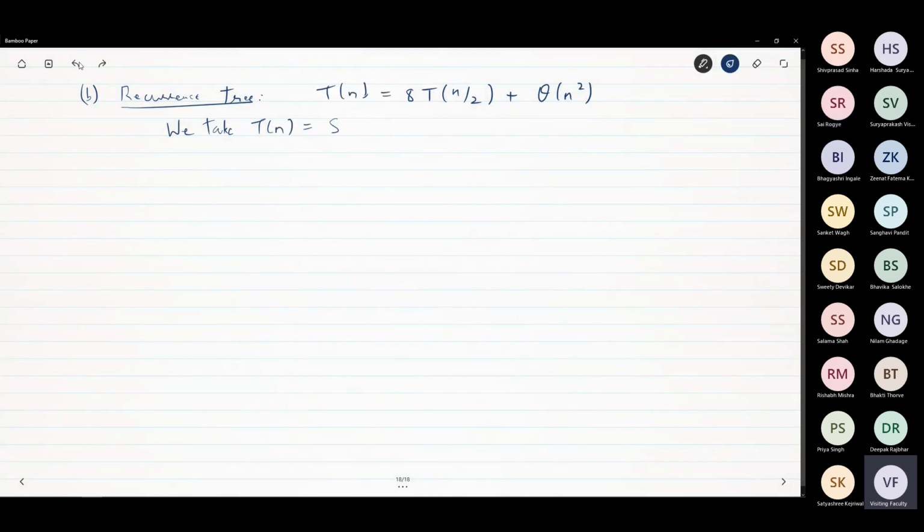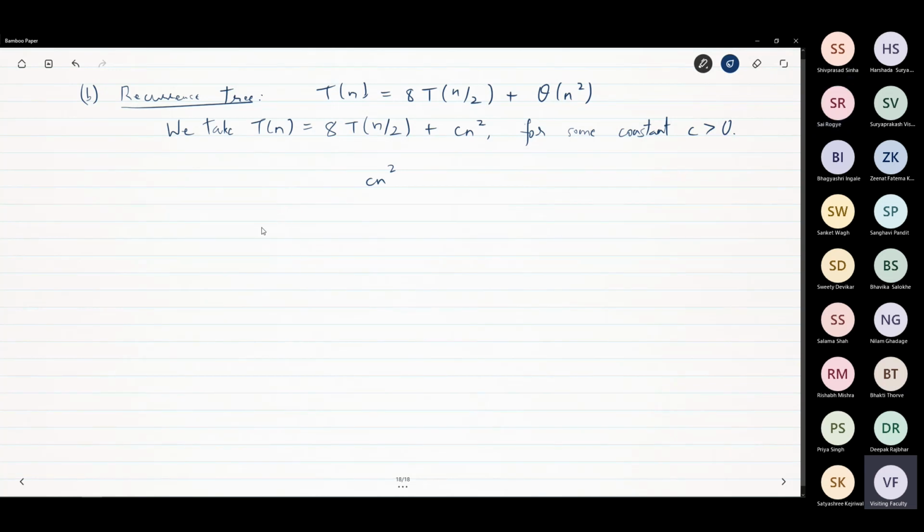So T of n by 2. Right. After that, we'll take that term cn square at the top. So at the top the cost is cn square, and then there will be 8 branches.